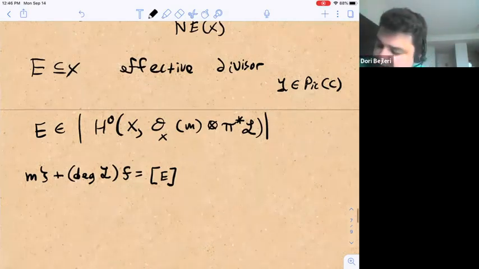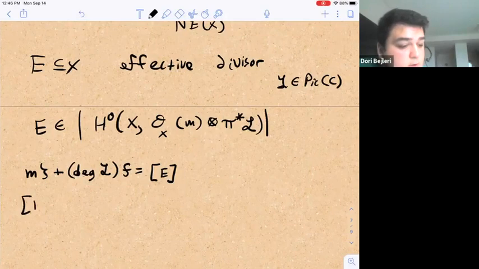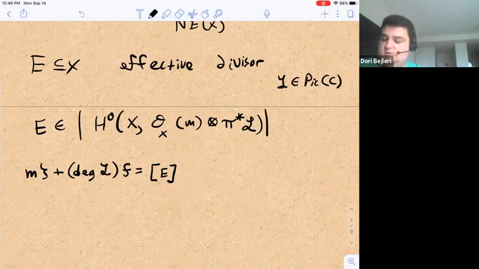So that's the class, and now let's compute what these spaces of sections are. Here we're going to use the projection formula.